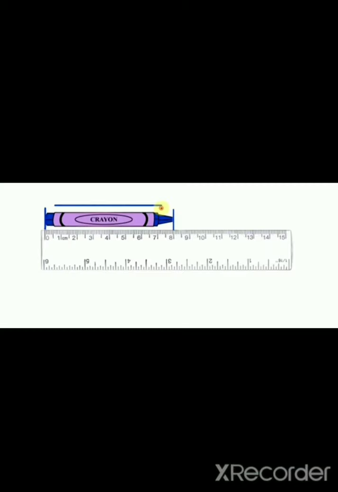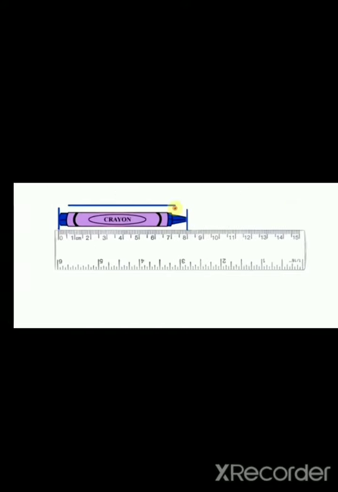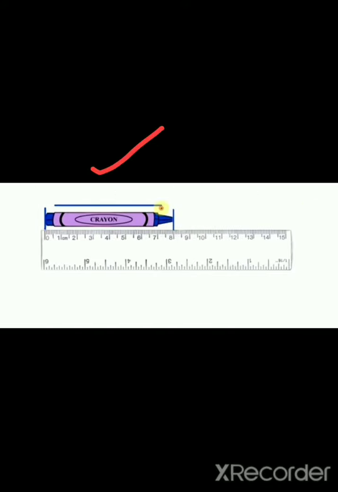Now I have another example. With the help of a scale, how can you measure an item? I have here one crayon. You need to measure this crayon with the help of this 15 centimeter scale. So we start this crayon from 0.